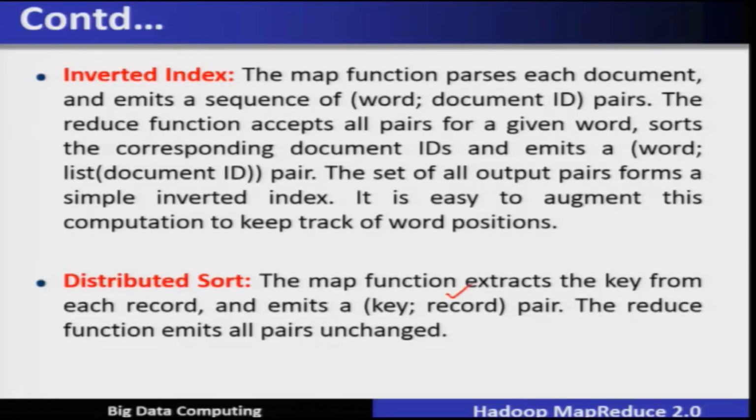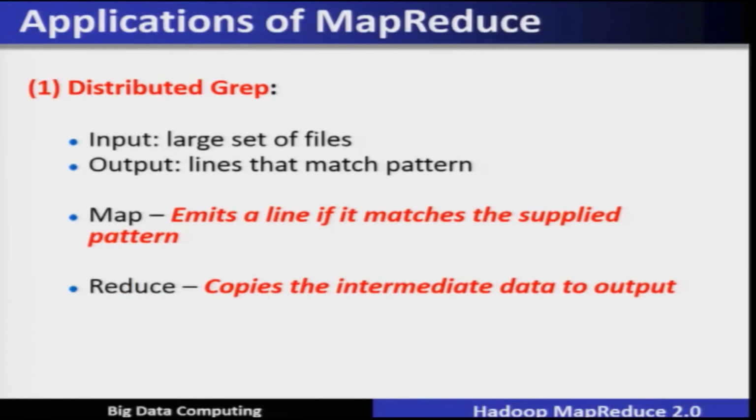If nothing different happens in the shuffle phase and the output is given as it is, then this outcome of the map phase will be emitted unchanged by the reduce function, and this will perform the distributed sort. We will see in more detail how the distributed sort application is done in MapReduce.